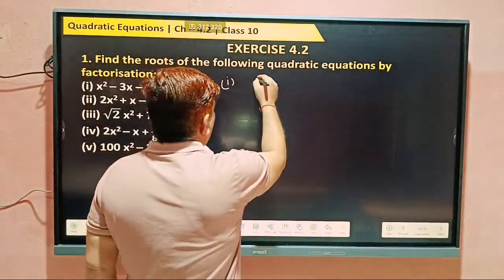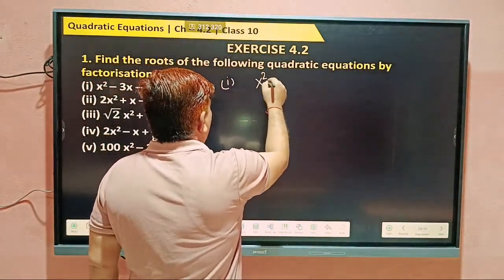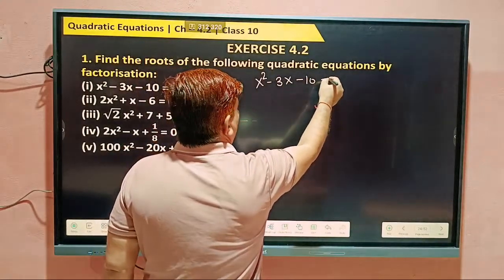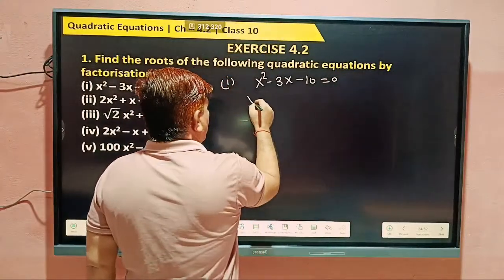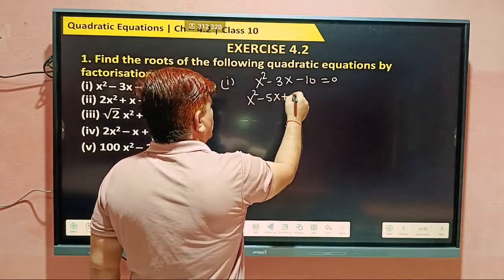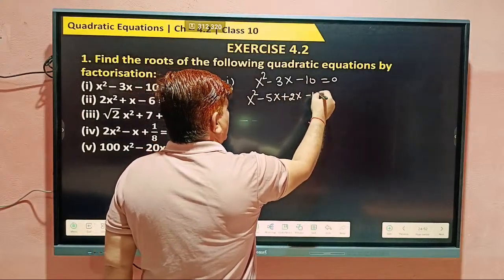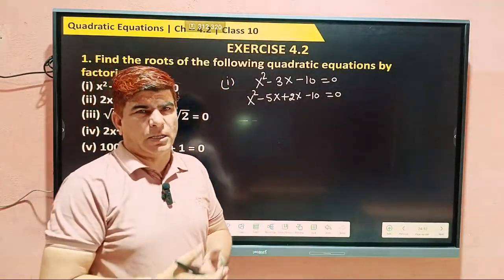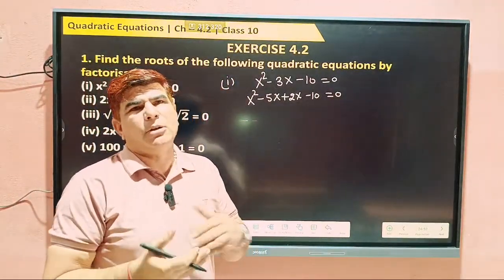So, given x square minus 3x minus 10 equal to 0. I can write it like this: x square minus 5x plus 2x minus 10 equal to 0. One time we can check: step number 1 right, step number 2 right.